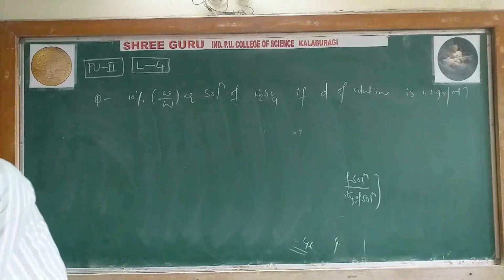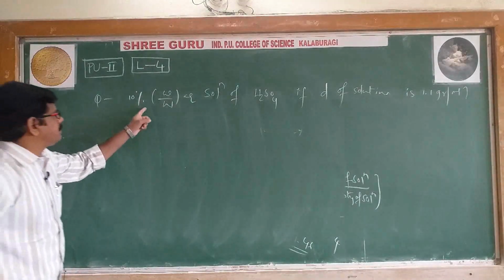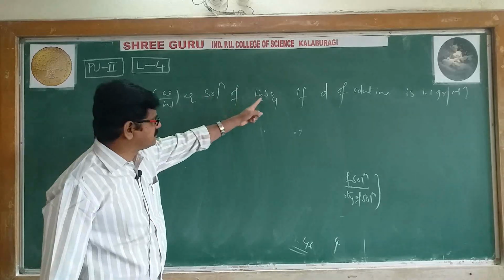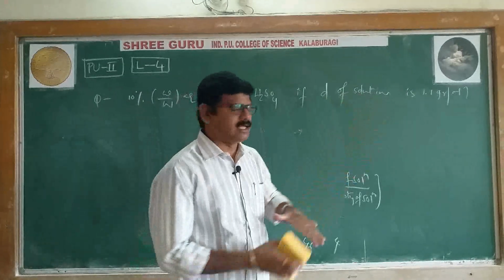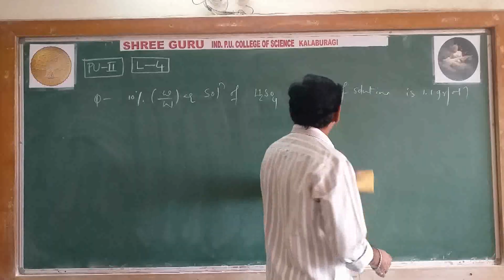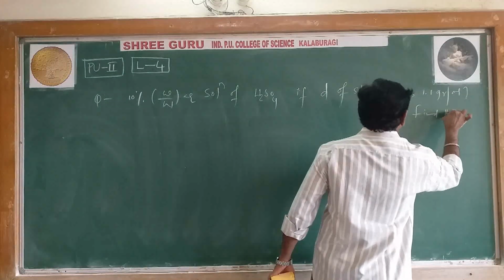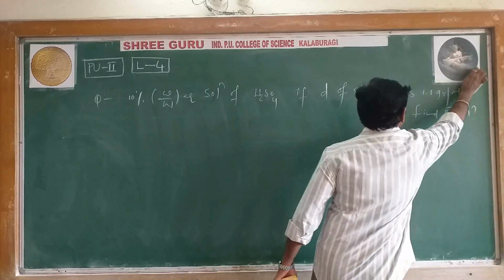Here 10% W by W aqueous solution of sulfuric acid and its density are given, asking for the molarity. You can write: find the molarity. That is the question.